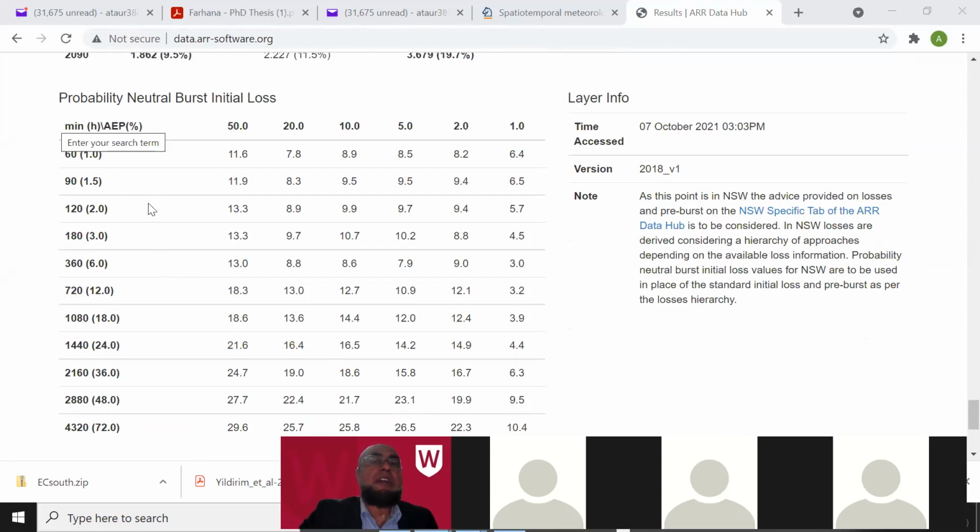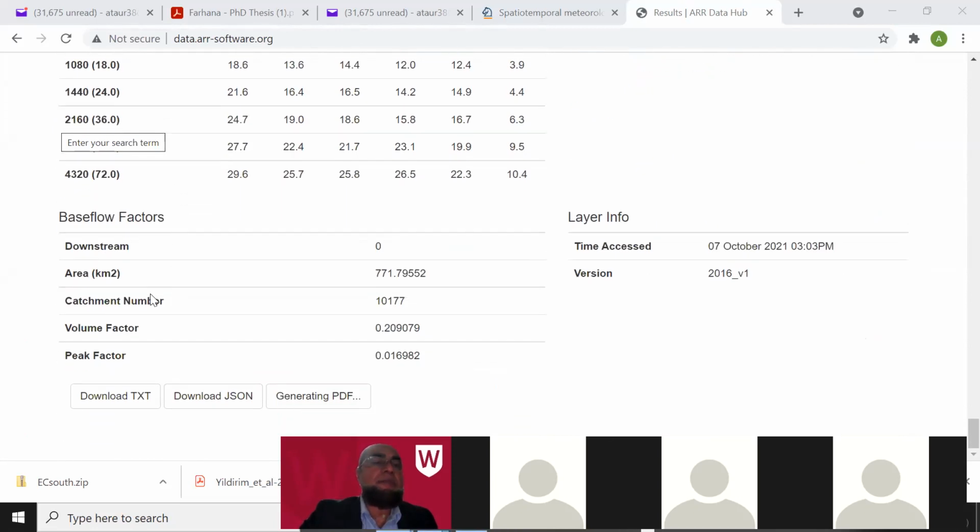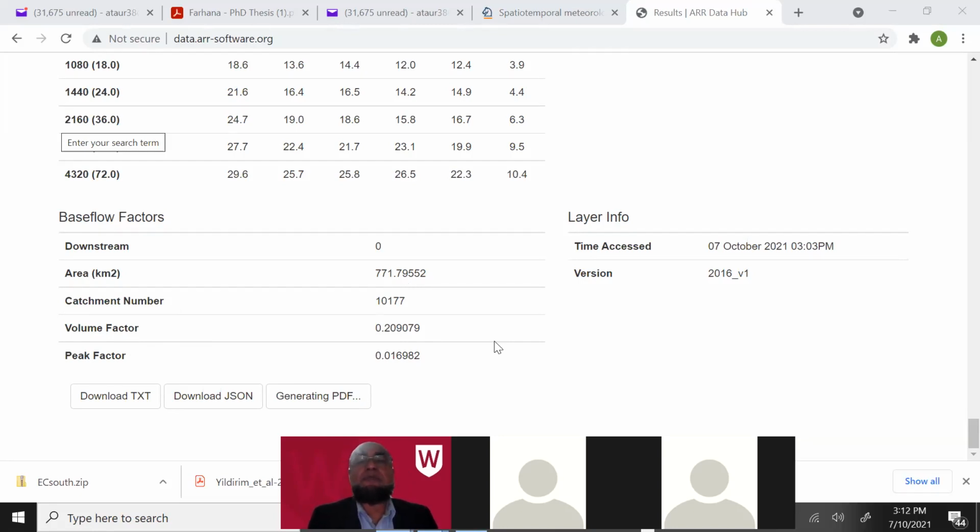There are different types of rainfall bursts there. And then we can get information like the area of the catchment is 771 square kilometers, the catchment number, and also you can get the base flow factor. Base flow factor means the fraction of the runoff coming from the rainfall divided by the total stream flow.